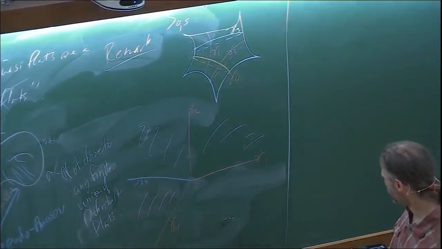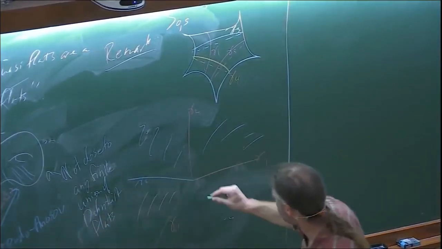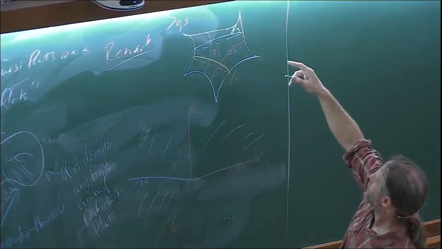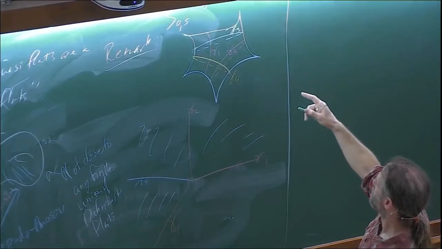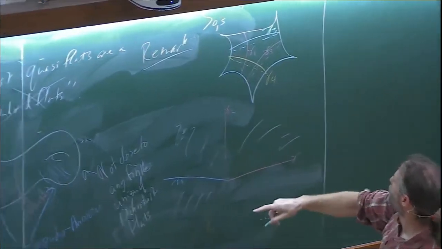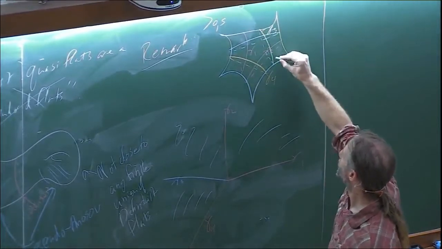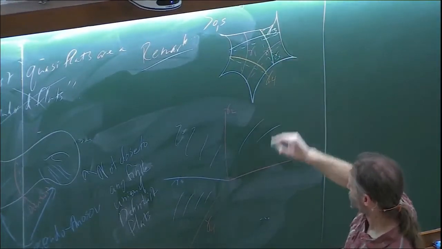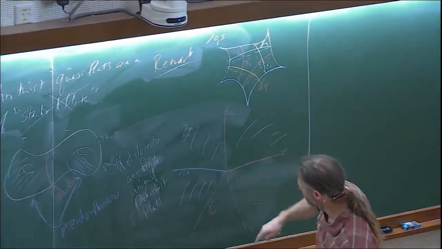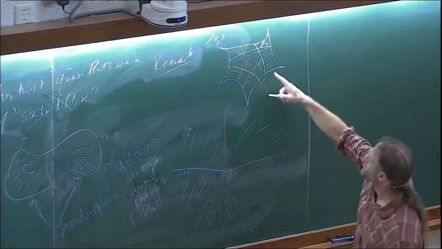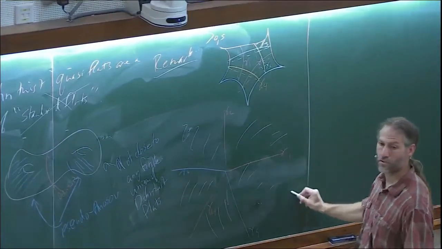Then I could find another color. So here's green: I have gamma 3, I have gamma 4, and I want gamma 5. Gamma 5 is disjoint from gamma 4, so Dehn twisting along those two spans an orthant. But gamma 5 is also disjoint from my original gamma 1, so there's an orthant here too.